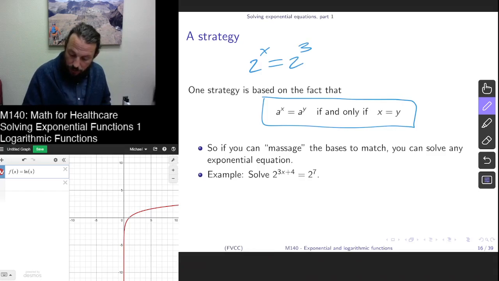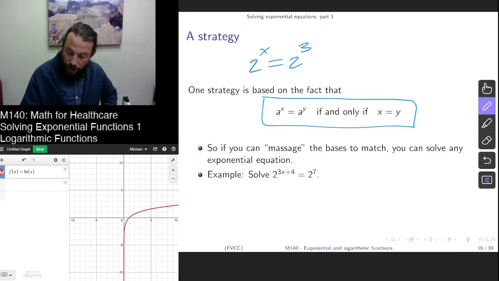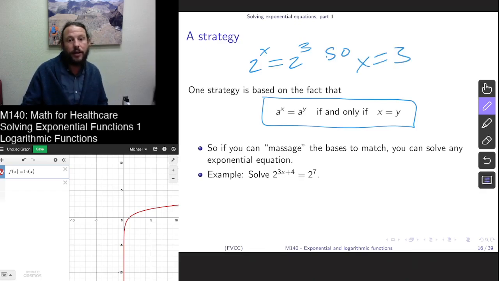Remember, 2 cubed is 8, just to remind us. So 2 to the x equals 2 cubed, that means x has to equal 3 in that case.